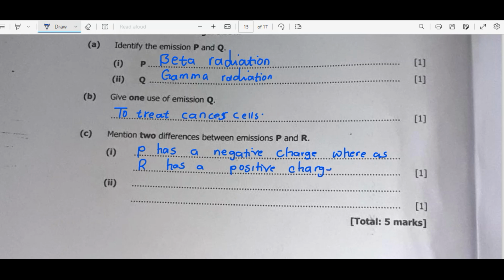Then the second one, let's look at it in terms of ionizing effect. P has a weak ionizing effect, whereas R has a strong ionizing effect.